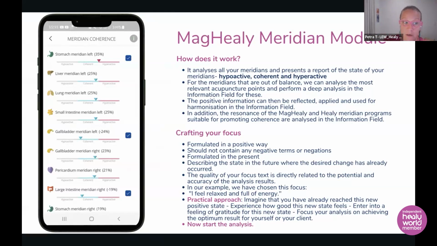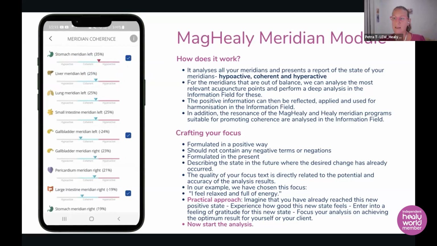Yeah. So the first report that comes up is this. This is called the Meridian Coherence Report, which actually shows you what meridians are either underactive or hypoactive, coherent, or hyperactive, so overactive. So it will show you either the gray, coherent is the blue, and the red is over.